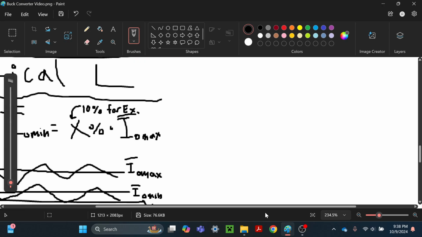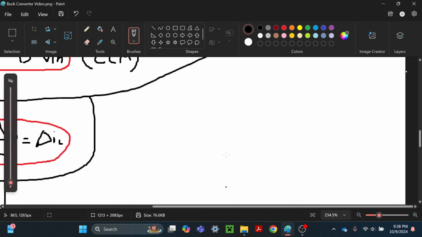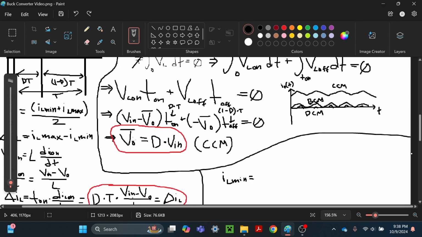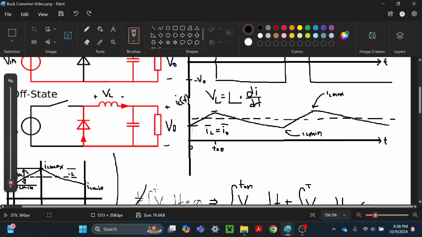So start from up here. IL min is going to be the minimum of this plot. Remember, this is IL min.